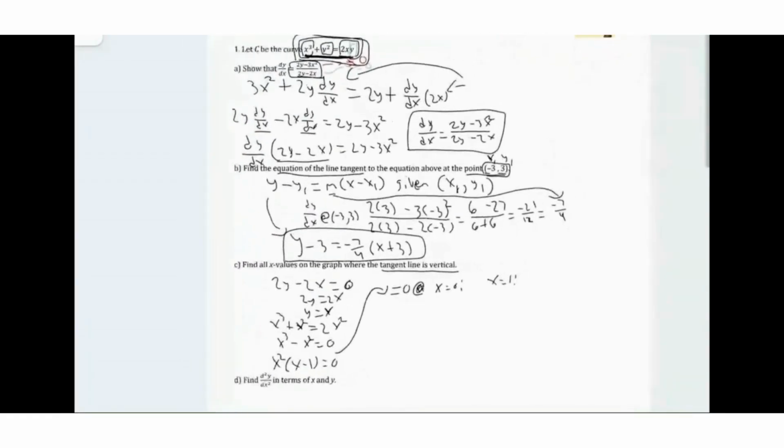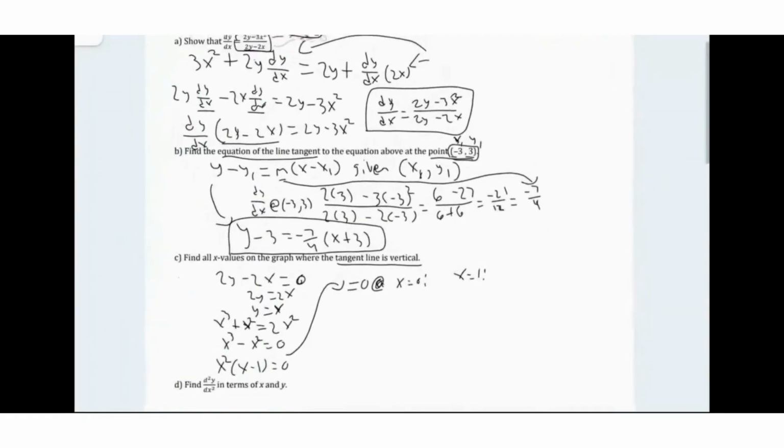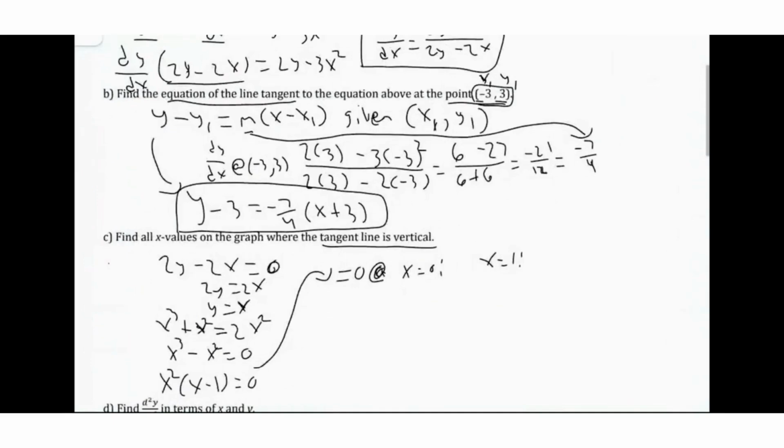First, I can tell that the numerator has a y in it. So let's just solve for y at these points. When x equals 0, you get 0 plus y squared equals 2 times 0, which is 0, so y equals 0.